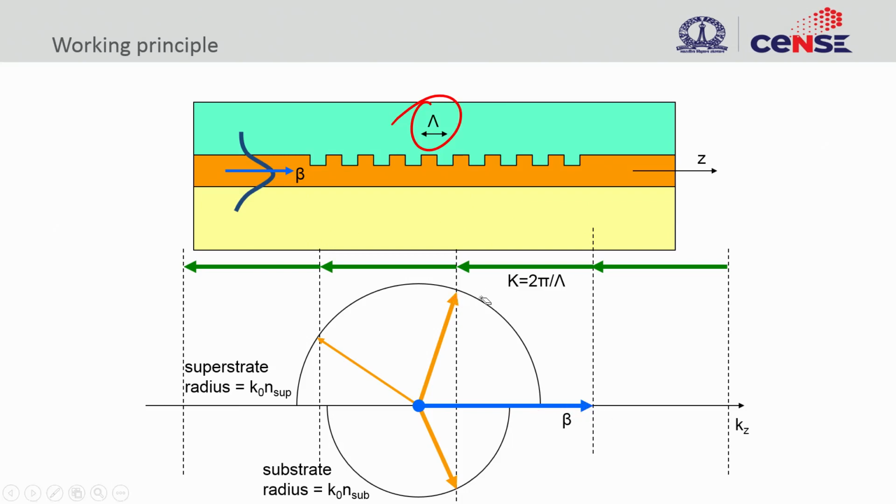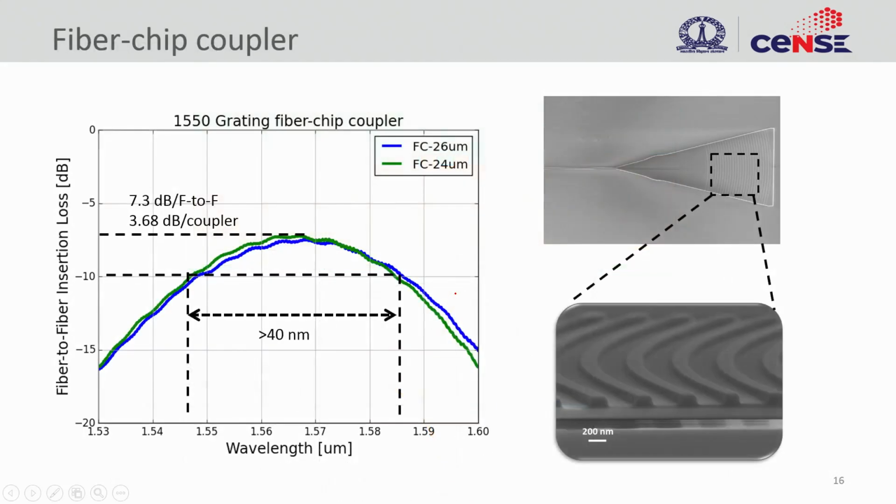So, one way to address this substrate problem is by putting a substrate reflector, and then we can reflect it back. Okay. So, this reflected back light would also be in phase with whatever light you have there, right. So, this is one such device that is fabricated, right. It is a very simple fiber-chip coupler where you can see the top down, and this is the side view. You can see these nice corrugations, and these are all nothing but the gratings that we just discussed.